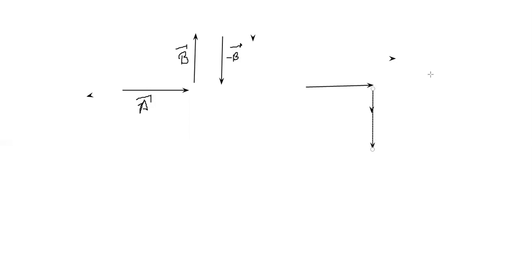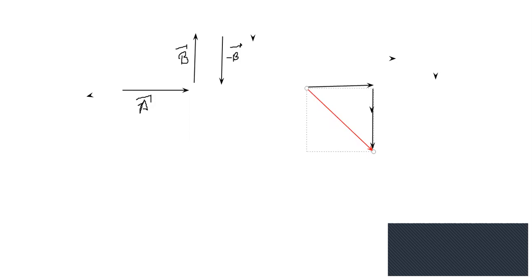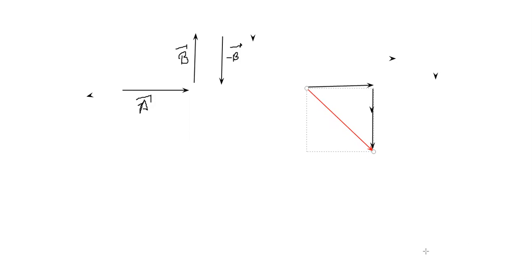The resultant is represented by red color. So this is the resultant of A minus B. So A minus B is clear to all of you. If we write vector A in this way and vector minus B like this, this is the resultant of A minus B.